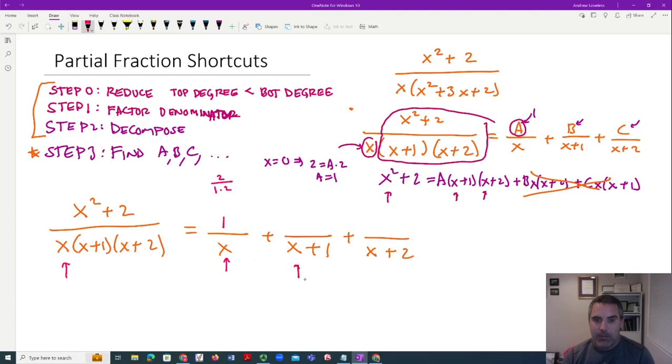Then for B, we're going to take negative 1. You can't plug in negative 1 in the x factor's place, so we just cover that up. But we plug in negative 1 here, here, and here. It gives me a 3 on top because it's 1 plus 2, and on the bottom, a negative 1 times a 1. So this is negative 3.